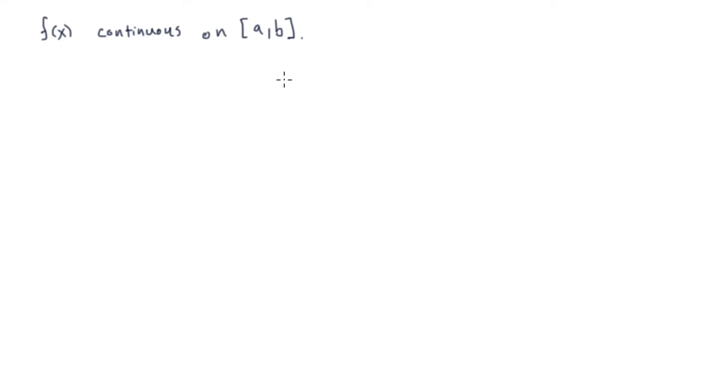Now we have two notions that we've talked about recently. The first notion is the idea of the indefinite integral. So what is the indefinite integral of f on a, b? Well, it's the most general form of an antiderivative.